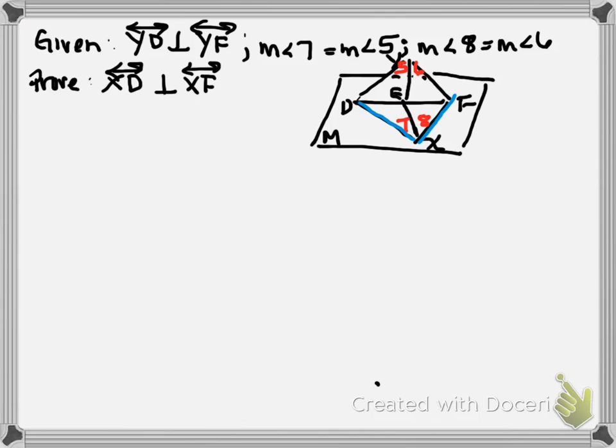Okay? And then from line YD being perpendicular to line YF, we can prove that angle DYF is a right angle, which would measure 90 degrees. Same idea. Think about theorem 2-4.